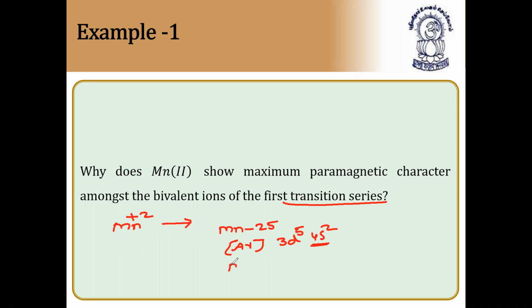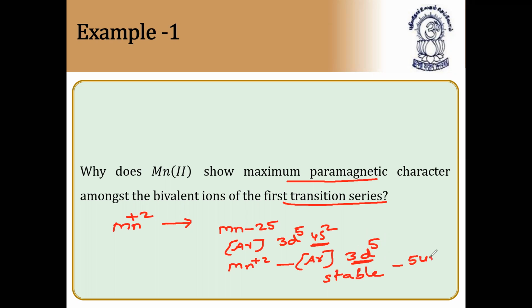After removing 2 electrons, manganese plus 2 becomes argon 3d5. 3d5 means stable, due to half-filled d orbitals. So it shows maximum paramagnetic character because it contains 5 unpaired electrons.